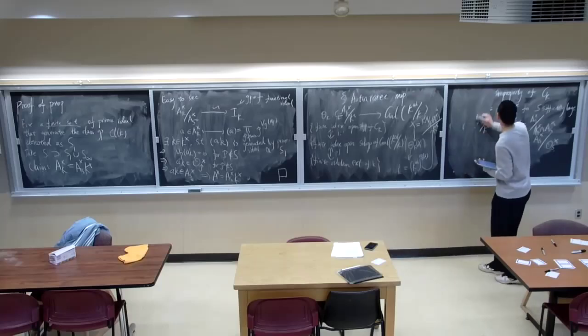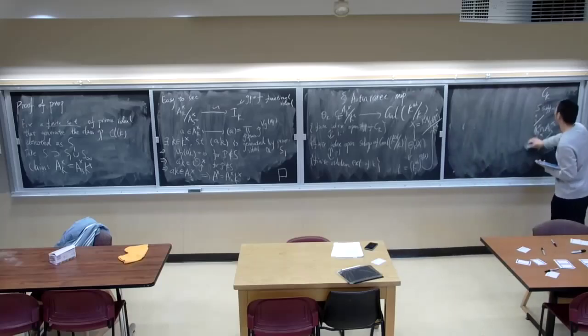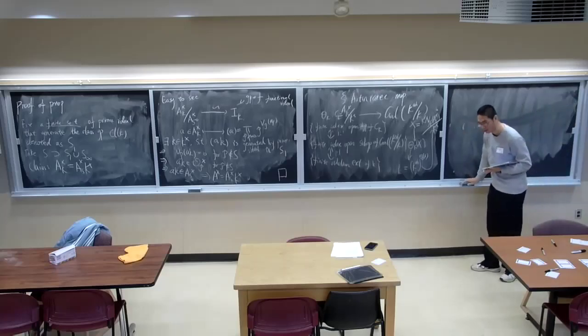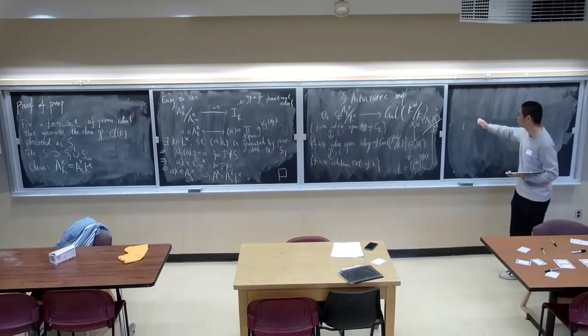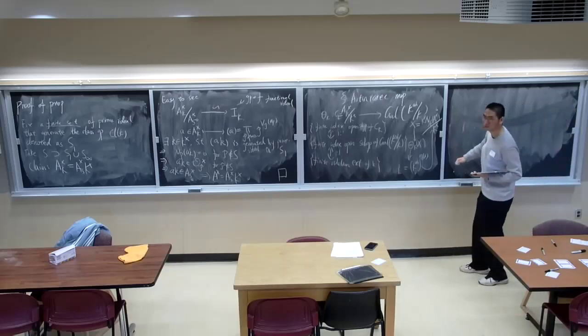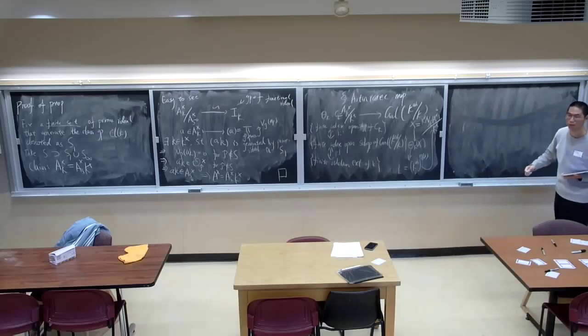Usually for class field theory, at least for me, after I learned it, most of the time I don't need to use the proofs. I just use the list of propositions and use those statements.